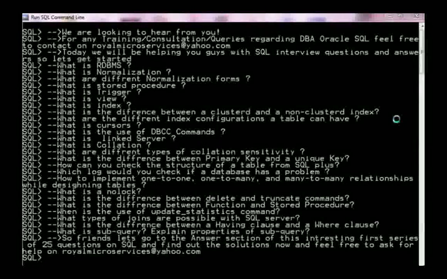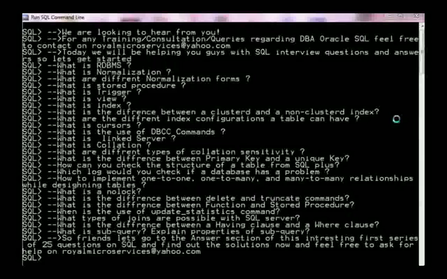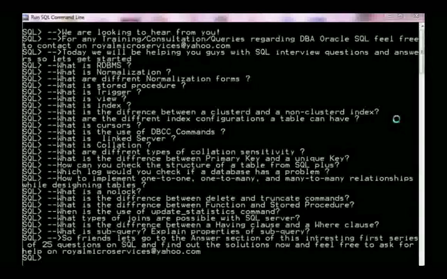What is normalization? Database normalization is a data design and organization process applied to data structure based on rules that help build relational databases. In relational database design, the process of organizing data to minimize redundancy.